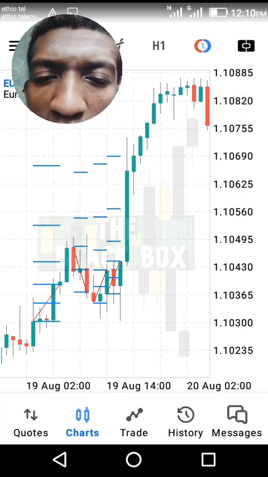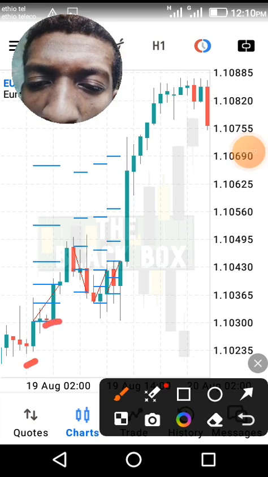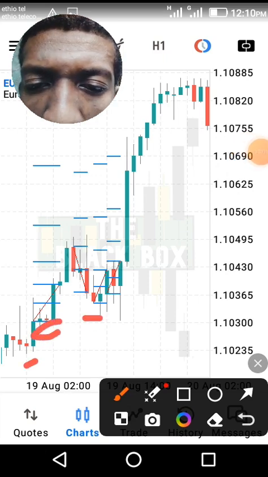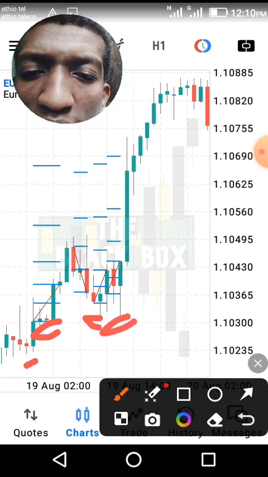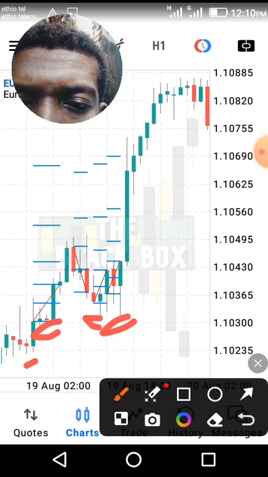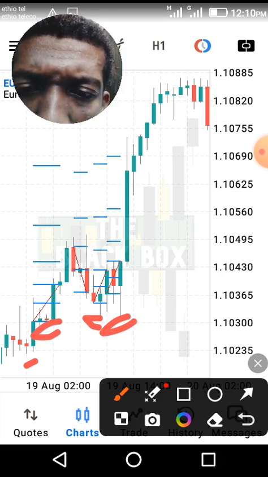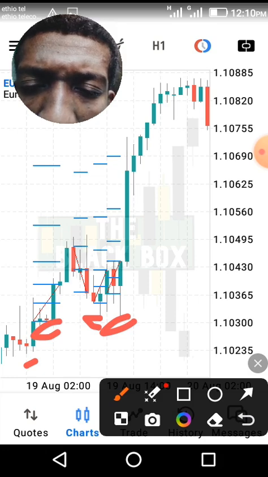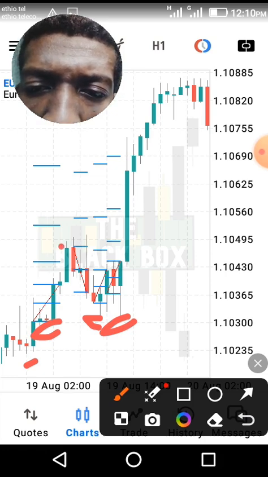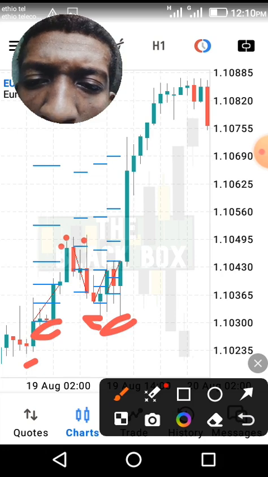Another buy here. Buy 1, buy 2, buy 3, then the price came back again. Buy 4. That's it, buy rising. Okay, so before that, price came in, right? So we found a black box where 1, 2, 3. So this thing broke.